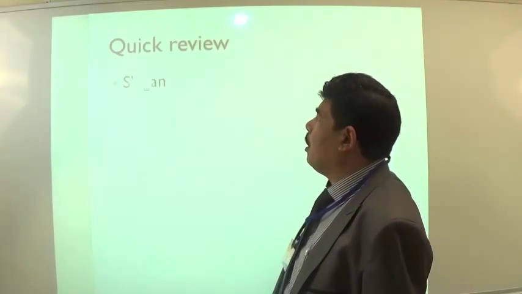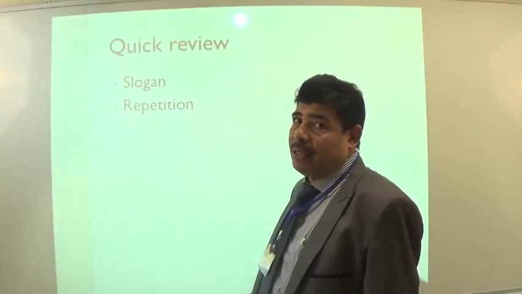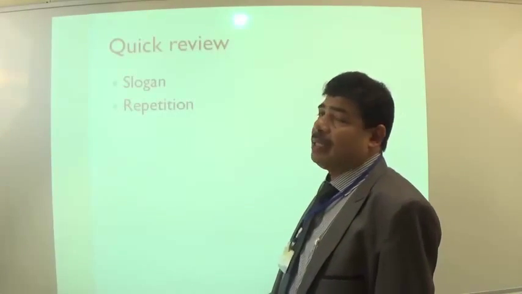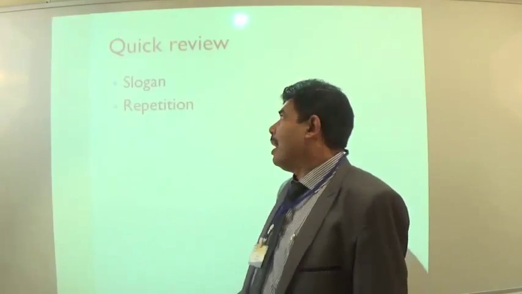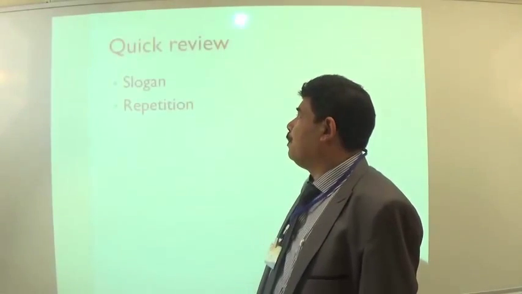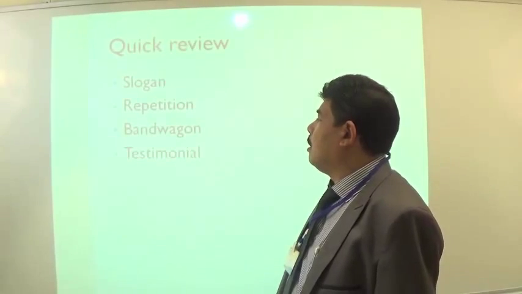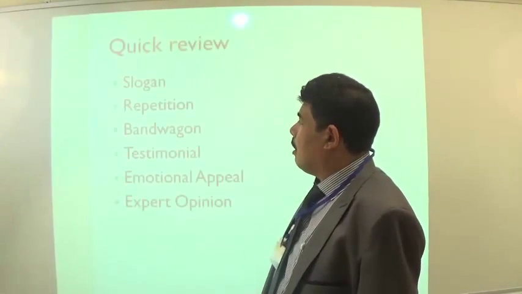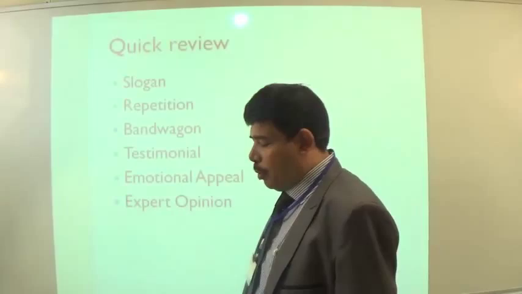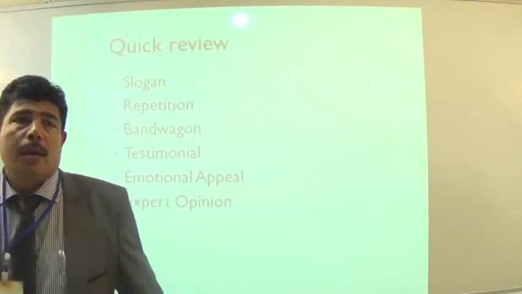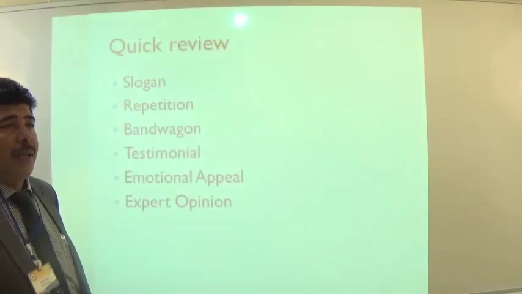If we have a quick view now at what we have said till now, and we are going to have just an easy worksheet after this. Slogan, repetition, bandwagon, and we have about six ways to persuade people to buy whatever you are selling.